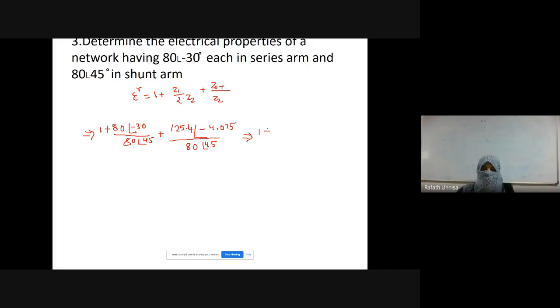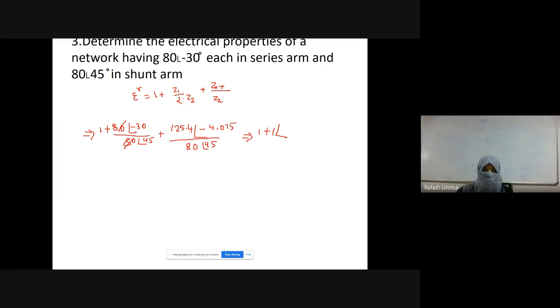Now over here I find that 80 is getting cancelled, so I have 1 plus 1 at an angle of minus 30 minus 45. Angles get subtracted while doing the division. Minus 30 minus 45 is minus 75.